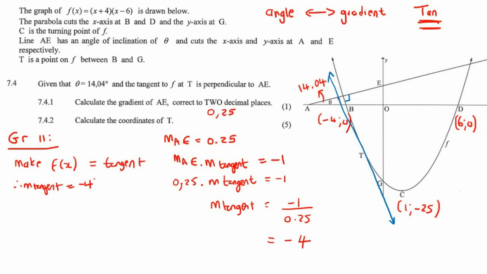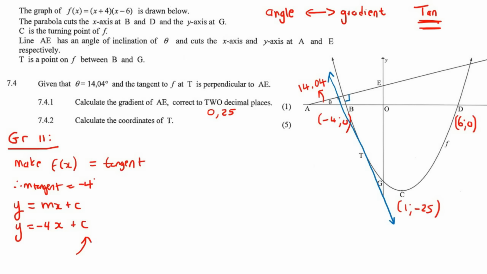So what is the equation of the tangent? Well, it's y equals mx plus c. So we can say y equals -4x, because that's the gradient, plus c. We don't know what c is yet, but that's okay. That's fine for now. So what we're going to do now is we're going to make the parabola equation equal to the tangent's equation.